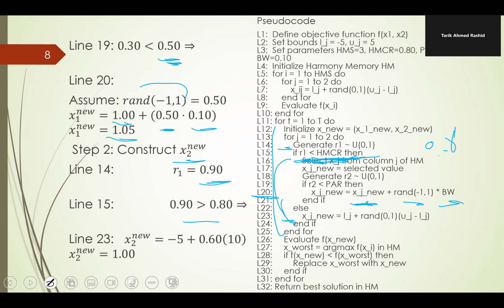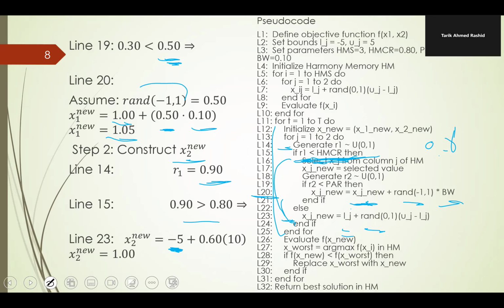In the else, it means x new equals the lower bound plus random between 0 and 1 times upper bound minus lower bound. The lower bound of the dimension is minus 5, and the upper bound is 5.